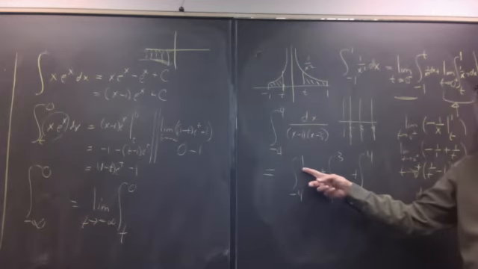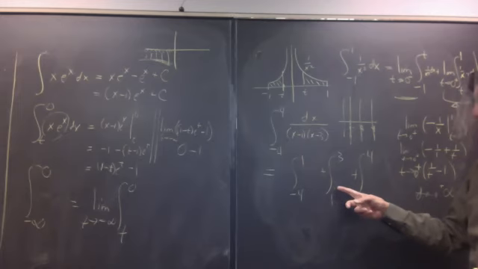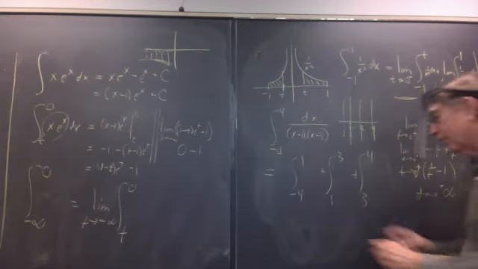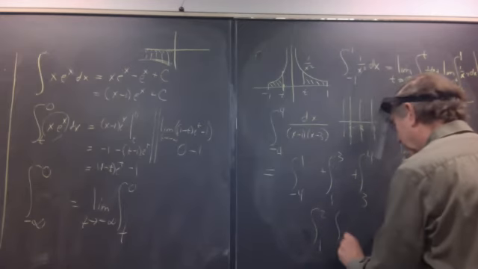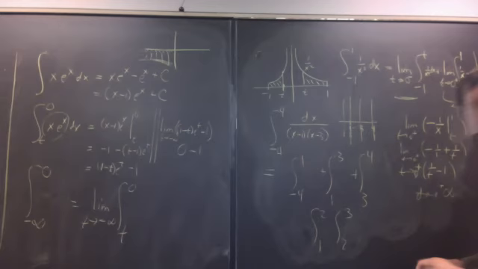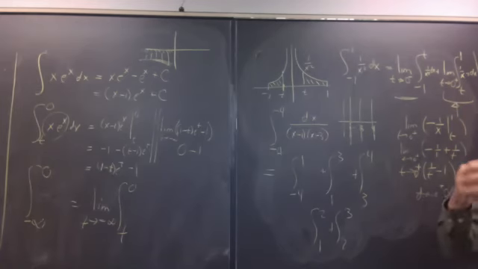What about this one? It's got problems at both ends. Shoot. So I'm going to have to take this one and make it 1 to 2 and 2 to 3, you see? Because it's got lots of problems. And I have to approach from the left and right like I did earlier. You have to divide it up so that at each place where it's improper, you take care of that limit.